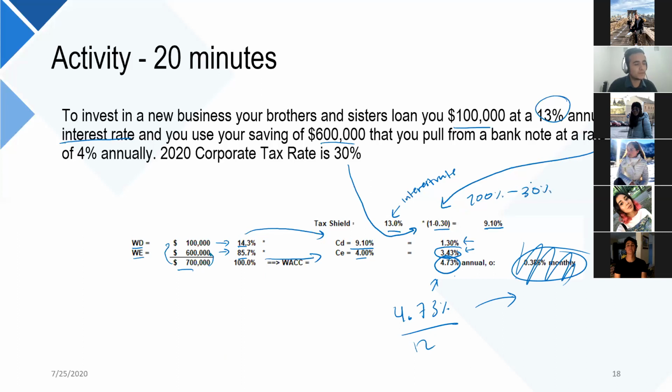Why? Well, 30% is the tax. 100% would be the complete interest rate payment. But you don't pay the complete interest rate. You do pay the complete interest rate, but the government gives you back the difference on the tax. This is not a tax course, so I'm not going to go into it. It would be a little more complex to see it on the income statement. Just believe me, it is there.